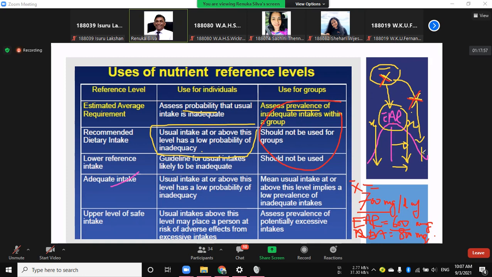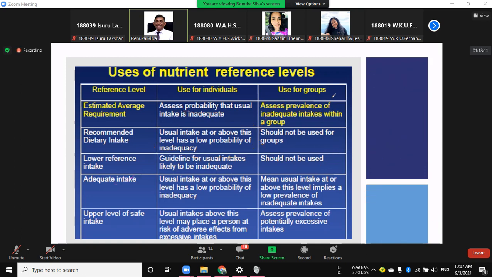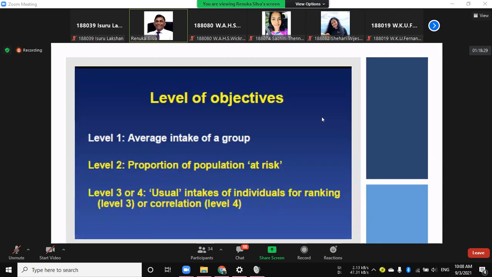But as a population, this class mean, if it is exceeding EAR, I'm okay. We'll be fine when we are getting more examples.